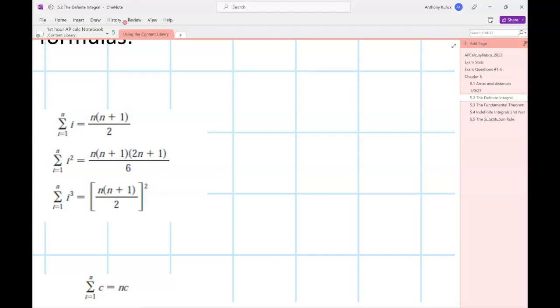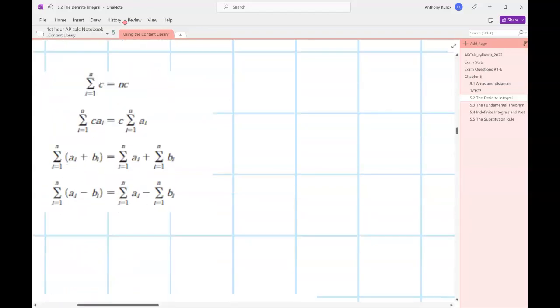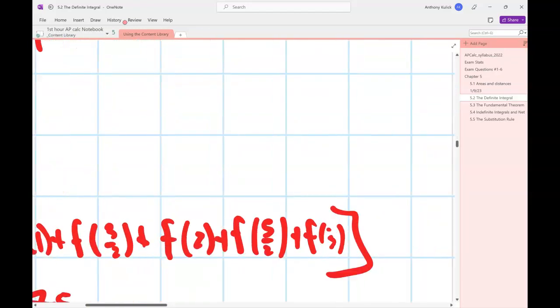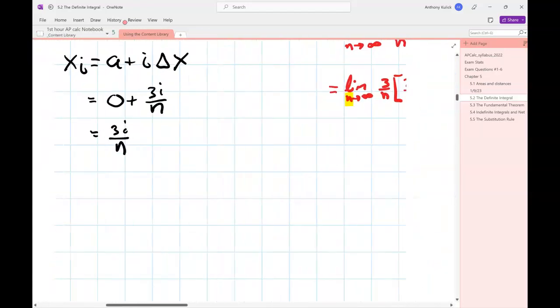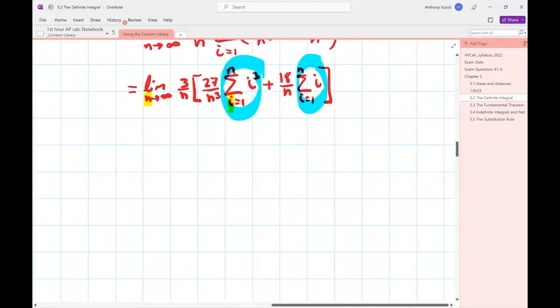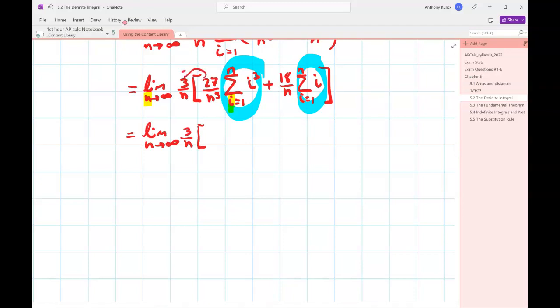So I'm going to go ahead and drop those two formulas in place of the summations. So go back to our problem here. I'm going to distribute this through at the same time, just clean this up a little bit.